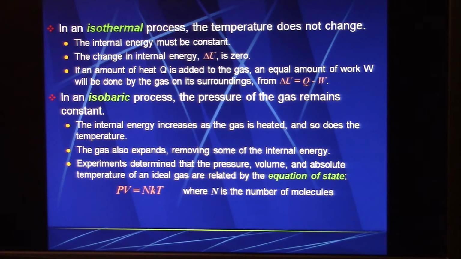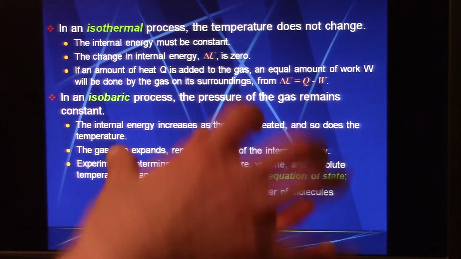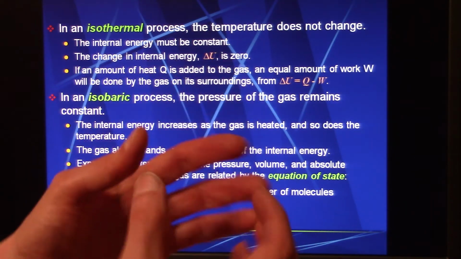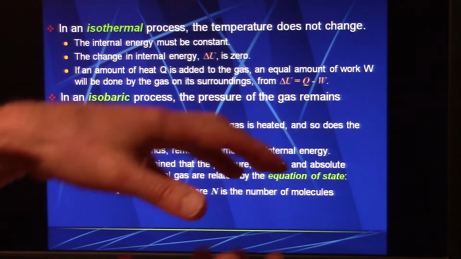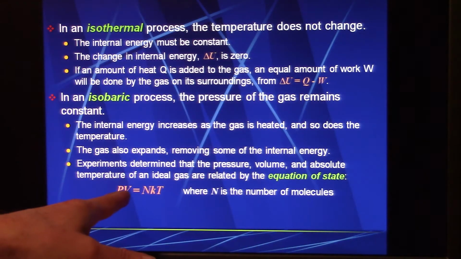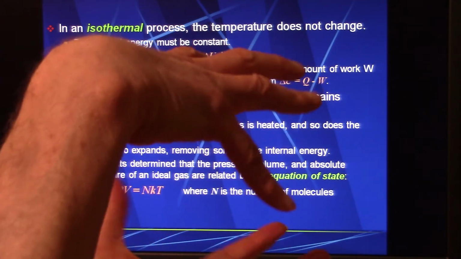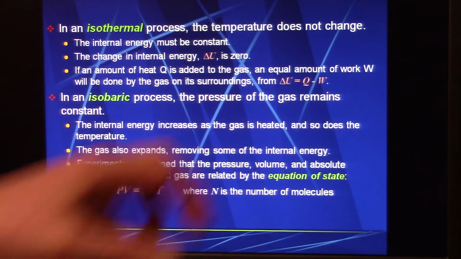Typically, if you have a sealed can and you have air in there, if you increase the temperature, well then your volume, because it's a sealed can, can't change, but your pressure is going to increase. So if you put a flame under it, eventually you could burst that can because the pressure is building.